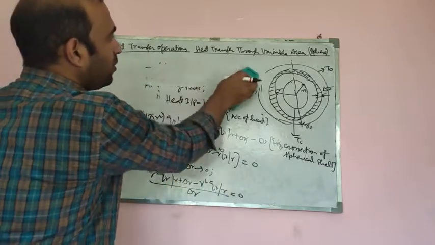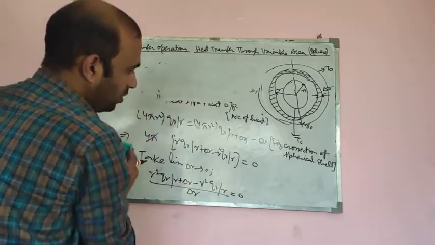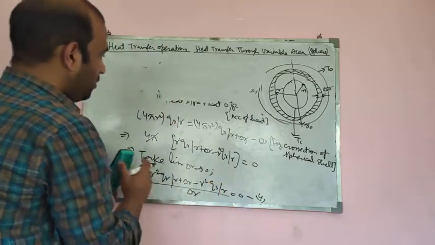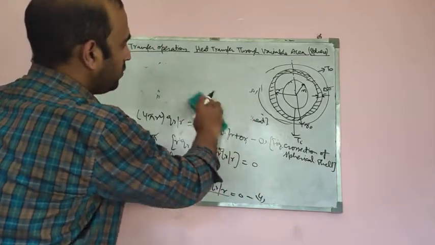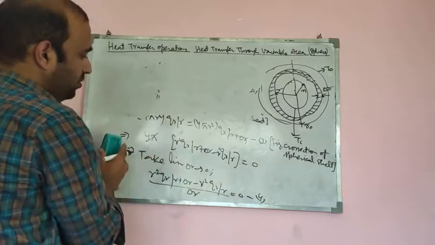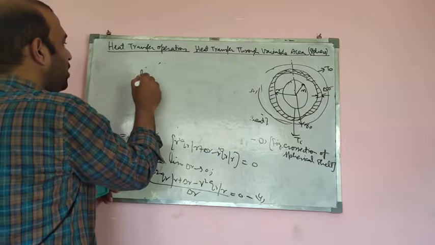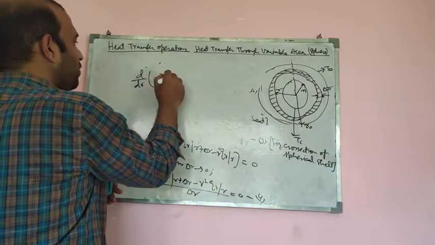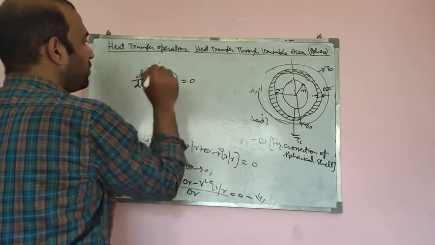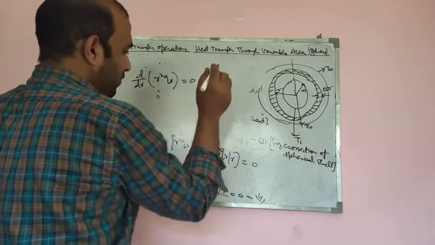Call this equation 4. Now from equation 4 we can write d by dr of r square qr must be equal to 0. That's equation 5.